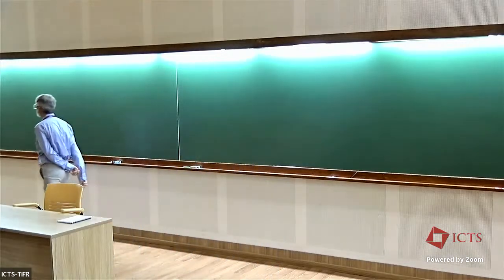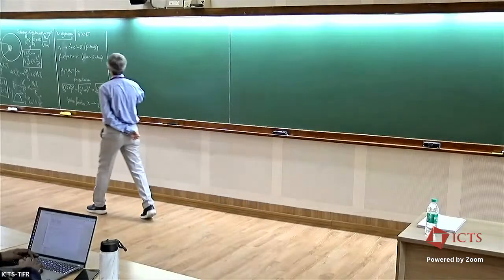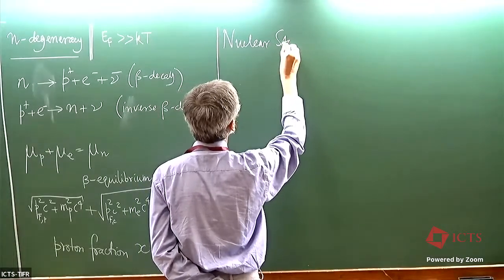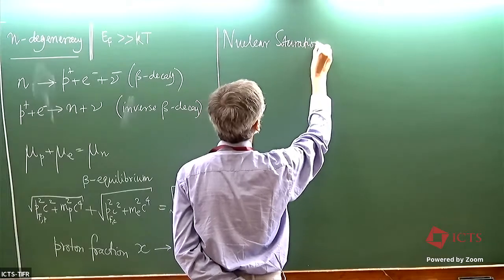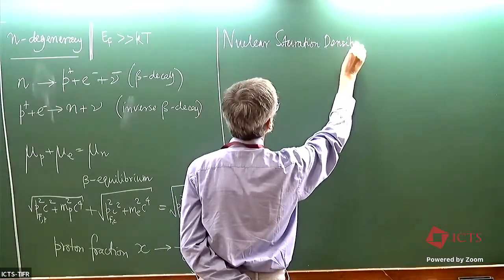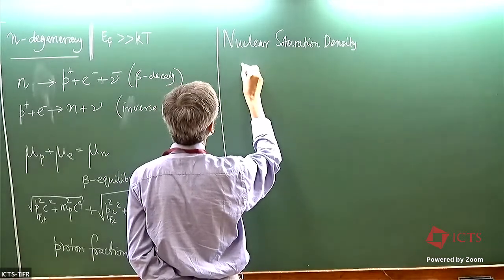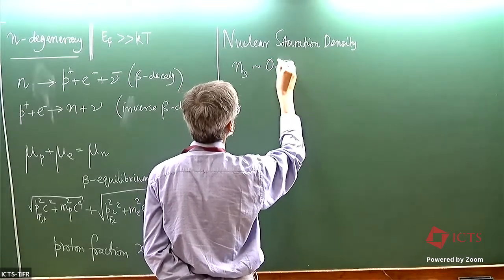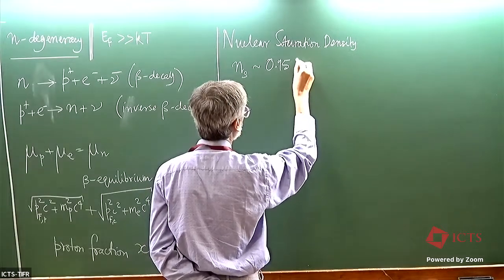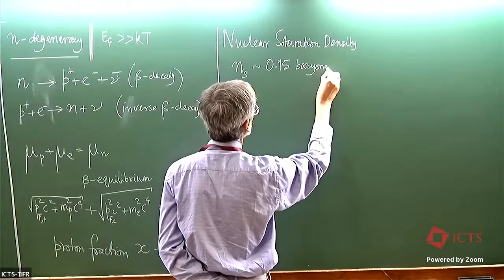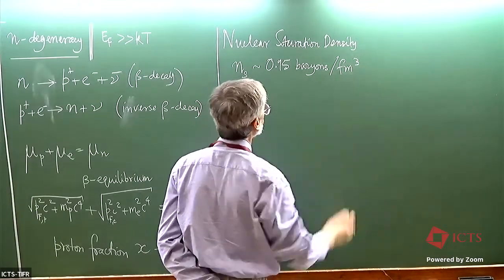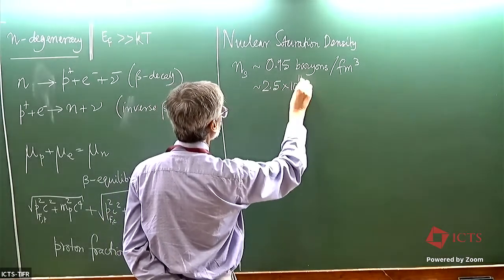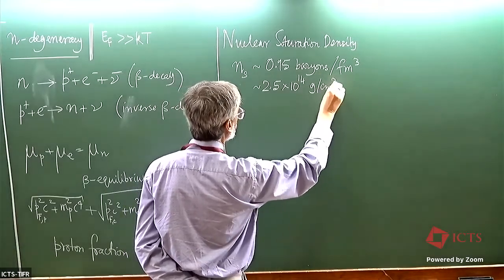The nuclear saturation density is typically given as, let's call it n_s, 0.15 baryons per Fermi cube, which is roughly about 2.5 times 10 to the power 14 grams per centimeter cube.